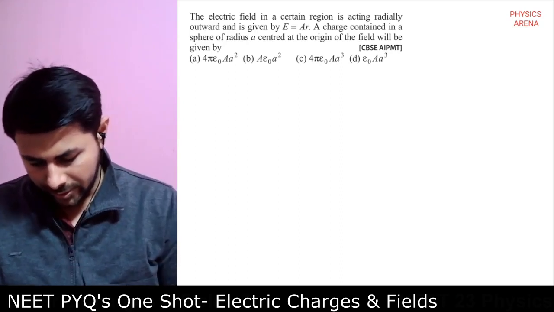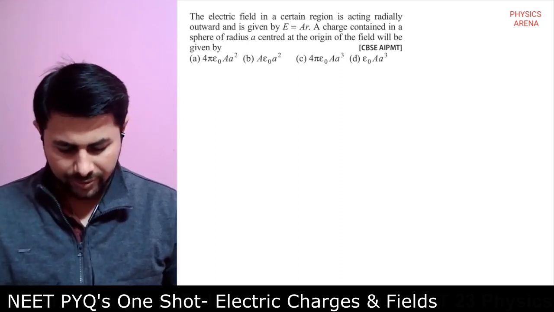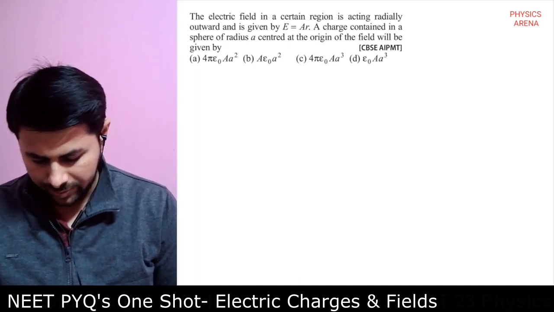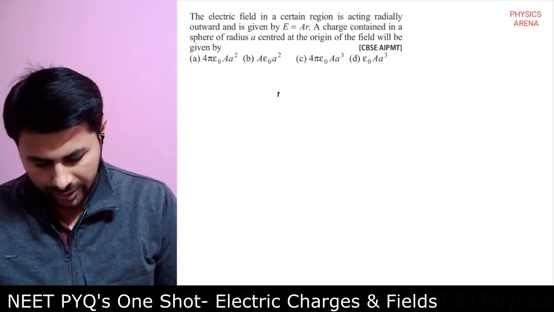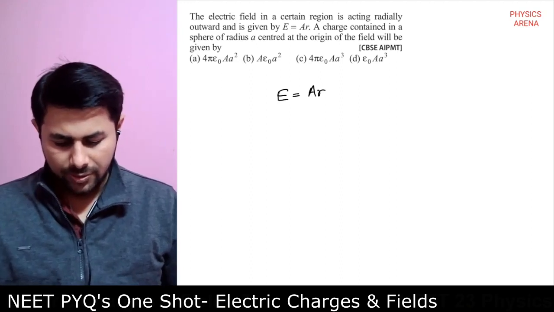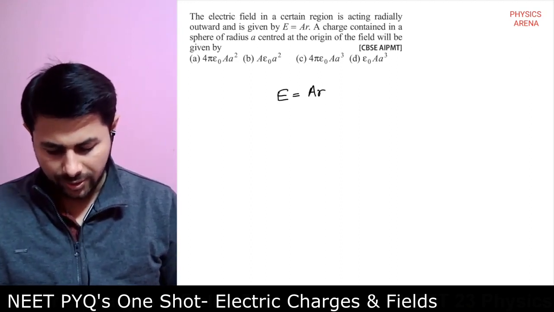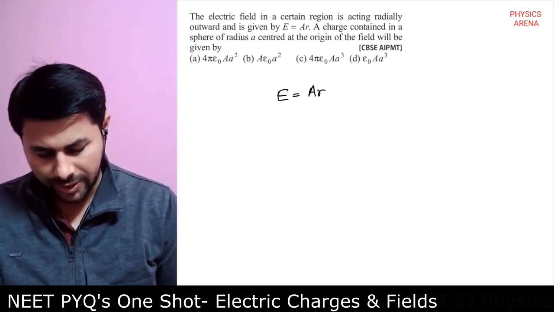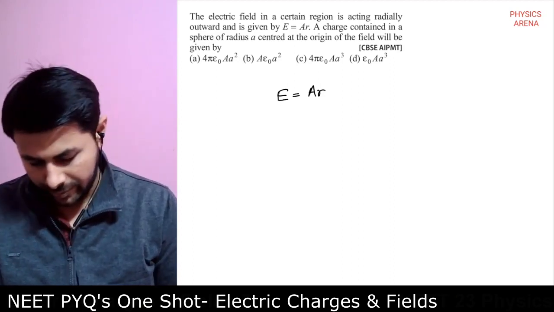All right. So the electric field in the region is given by E equals A times r, and we want to find out the charge enclosed in a sphere of radius a.